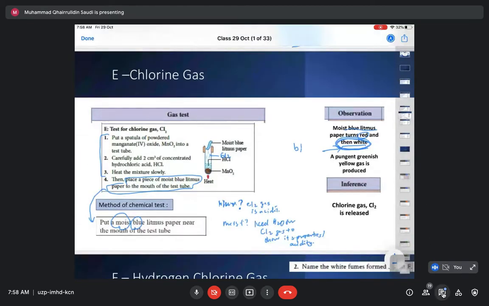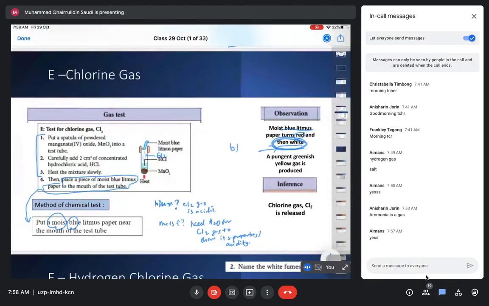Come on guys. Bleach. Yes, bleach. It has bleaching properties. Apa maksud bleach? Melunturkan. Okay, peluntur. Kan Clorox kan peluntur. Okay, so bleaching properties. Dia ada properties yang boleh melunturkan.